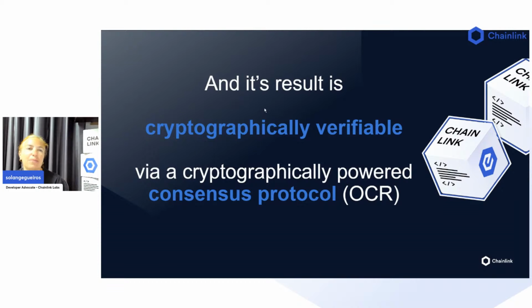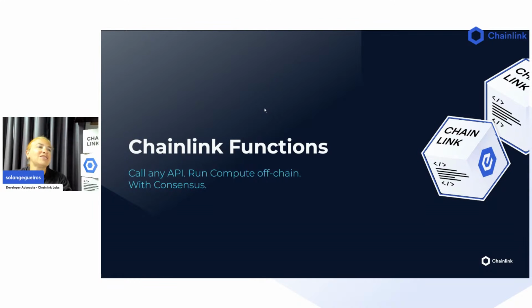But the point is it will be on blockchain. This is Chainlink Functions. So we can call any external API and run any computation off chain with consensus of a group of nodes that get the information from that API, reach consensus, and bring it to your smart contract. This is our goal today.